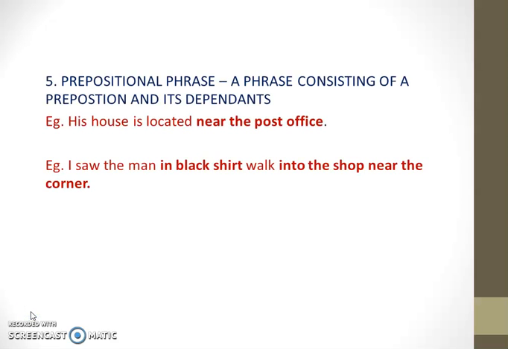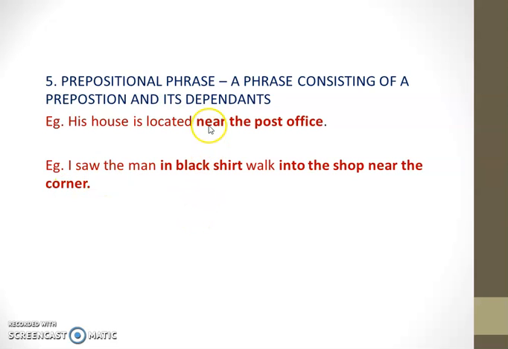The fifth kind of phrase we are going to look at is prepositional phrase. A prepositional phrase is a phrase that consists of a preposition and its dependents. Here, once again, you must notice that we never say that it functions like a preposition, but it consists of a preposition and its dependents. For example, his house is located near the post office.